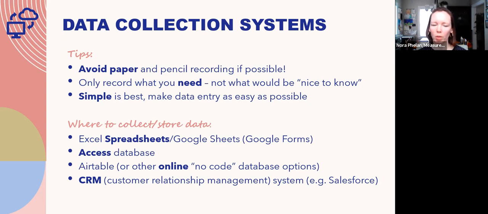It's a Microsoft program, and how to set that kind of system up. There's Airtable or other online database options that are branded as no-code databases, which are point and click, very user friendly to set up. So someone doesn't necessarily need expertise to set that up. So that's something else to explore.